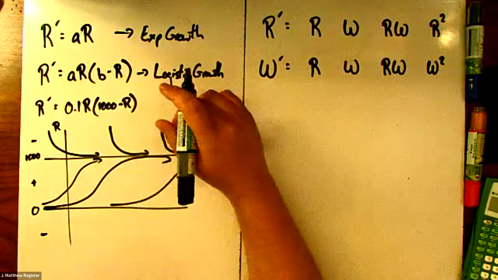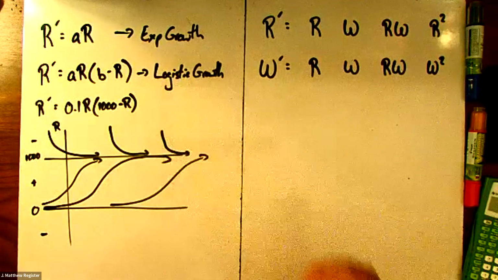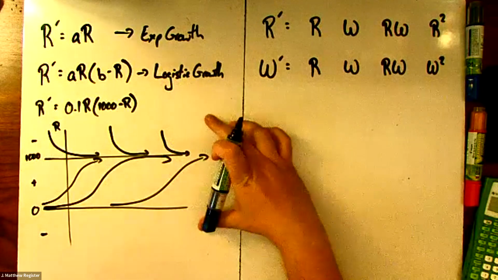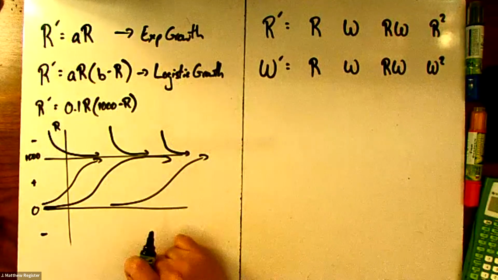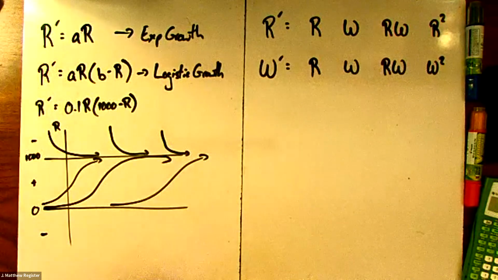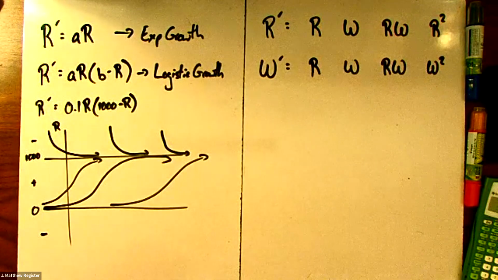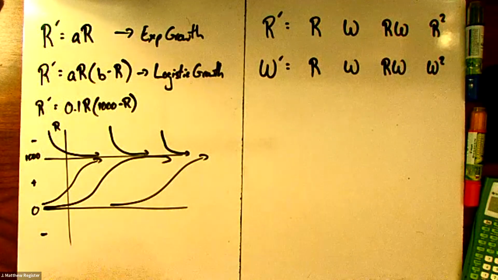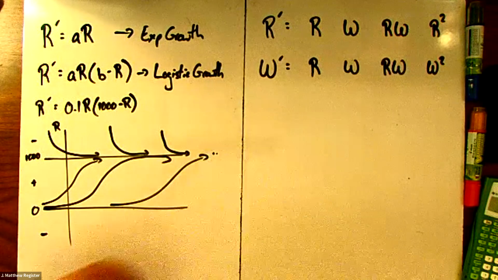We are approaching this 1,000 mark, and that's the most that we're going to see. This is a much more common model because any species will grow up to a point, but eventually it's going to run out of resources. And so it can only grow up to a certain point and then it stops growing. And that's what this is all about.